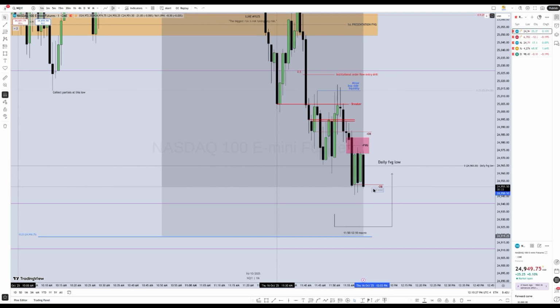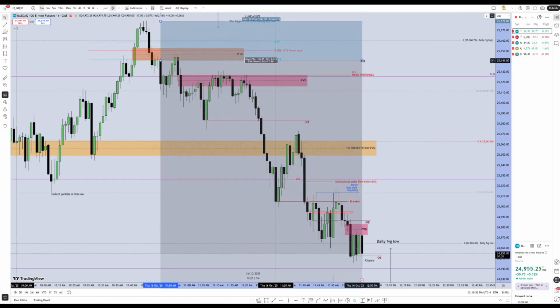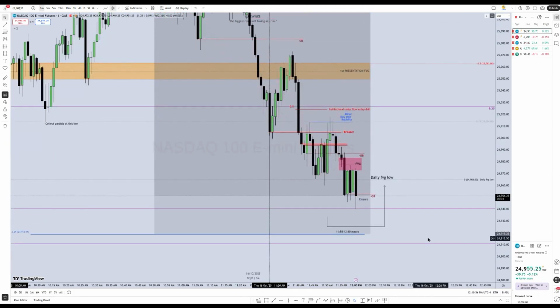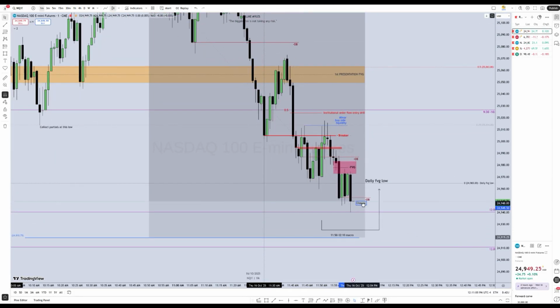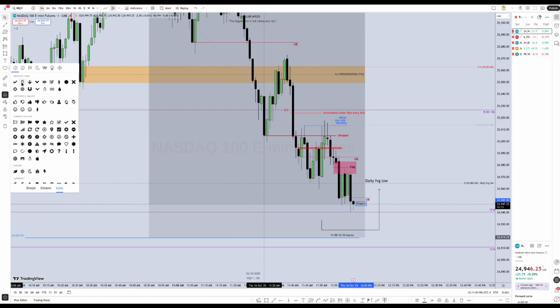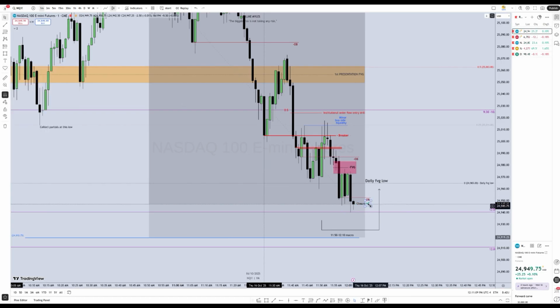If I'm to consider manipulation, how far can the market manipulate before it changes the move that took out the minor buy side up there into the institutional order flow entry drill? So that's where I'm having my break even stop loss, just like that. You may want to close early, but you have to be sure about your draw on liquidity.